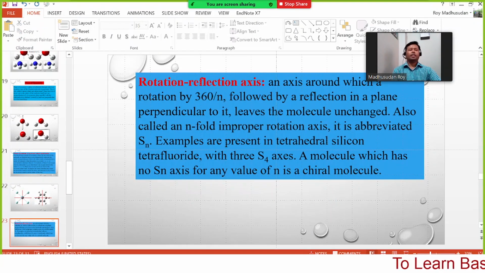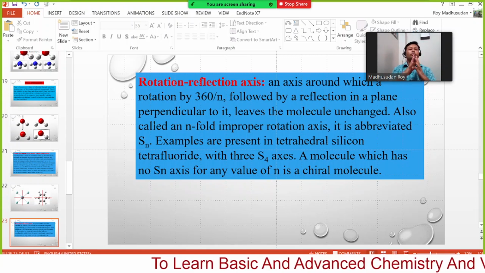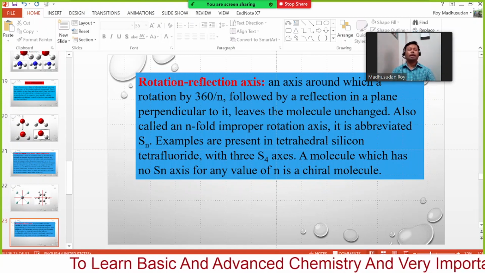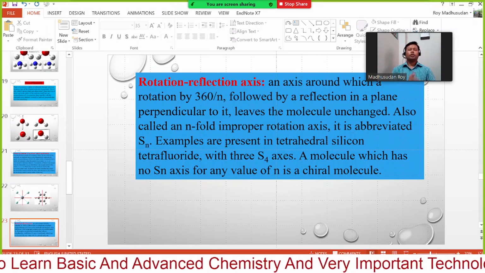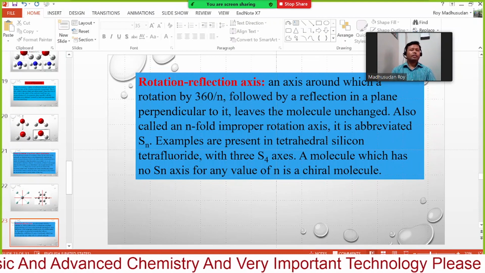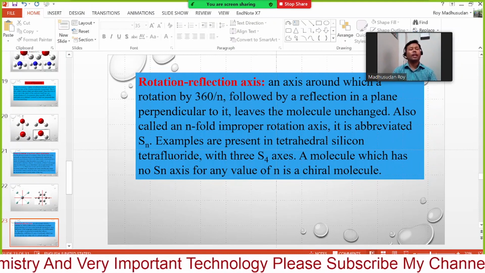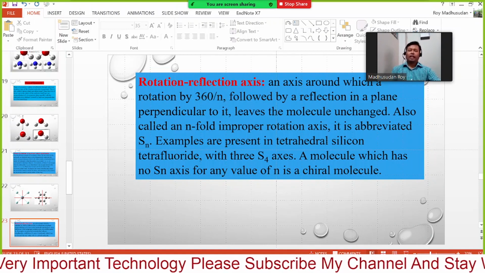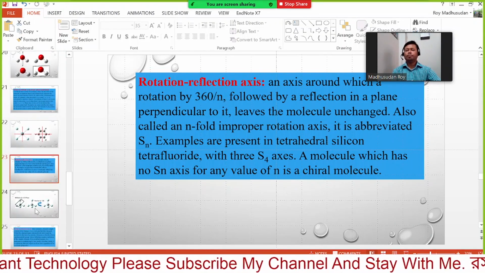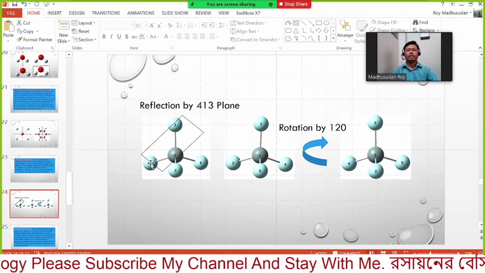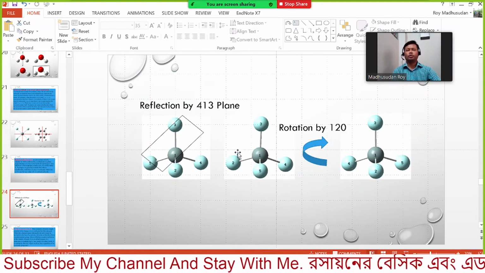Rotation reflection is a little bit complicated. You need two different operations at the same time: rotation by 360 by n, followed by reflection. I do have some examples, but maybe this is a little bit difficult, so I am not going to show you so much.